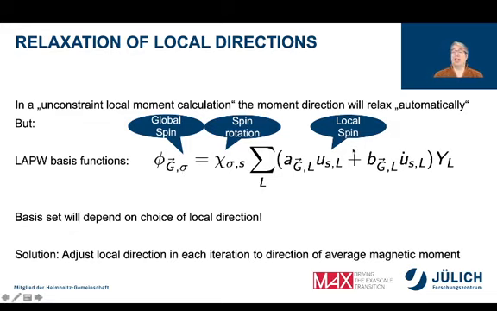And then we have these functions u and u dot, and they are constructed for a local spin Hamiltonian in which we have a local spin according to the local spin quantization axis we choose, and correspondingly there's a spin rotation. So in that sense, the basis set depends on the local direction which we assume, and therefore it will modify the result a bit. And therefore, if you really want to relax the local directions, you have to adjust these directions in each iteration to make sure that this effect is properly treated.